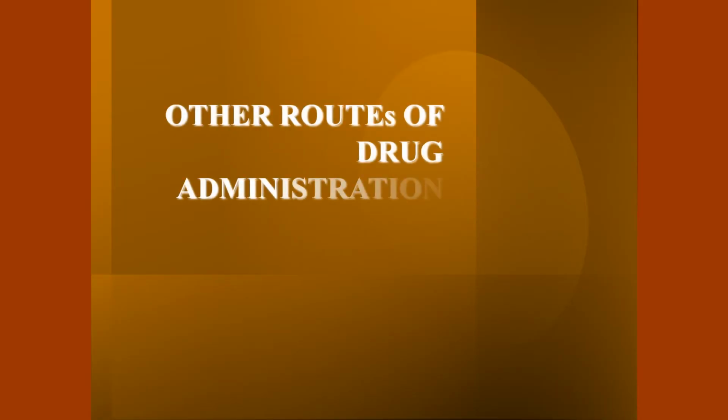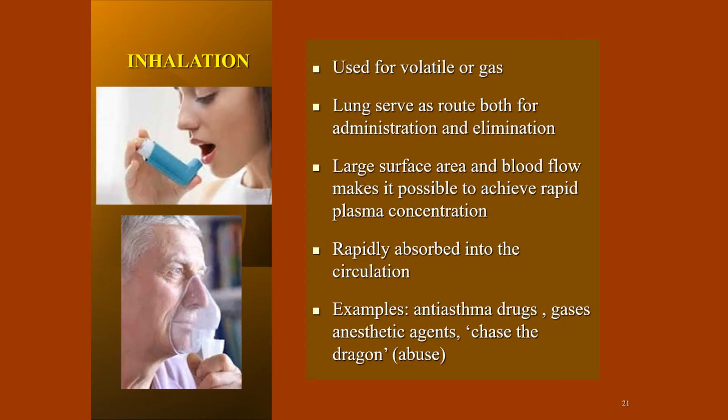Now we are going to discuss about other routes of drug administration. Inhalation. Drug which is volatile can be given using this method. Alright. Our lung can serve as route of administration and also as route of elimination.